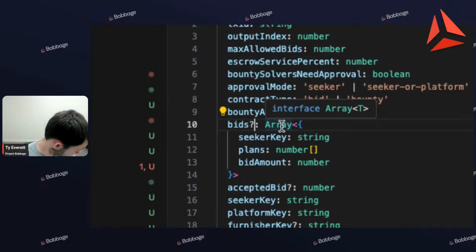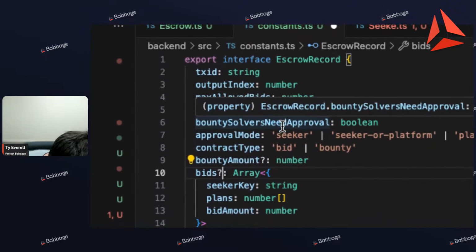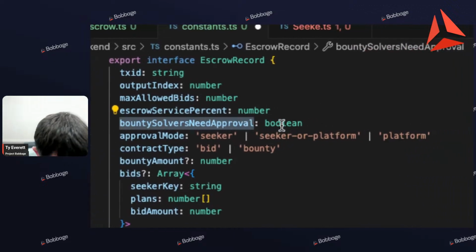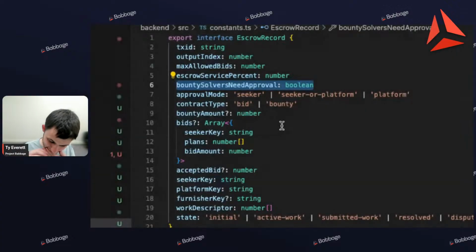Unless bounty solvers do not need approval, in which case there's a time element, right? Because if bounty solvers don't need approval, then the seeker needs a set time to approve the provision of services.